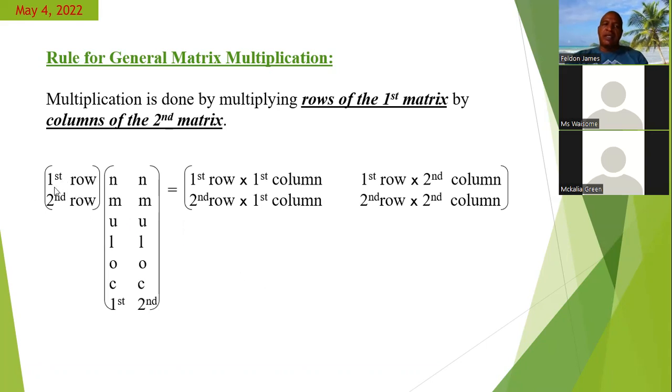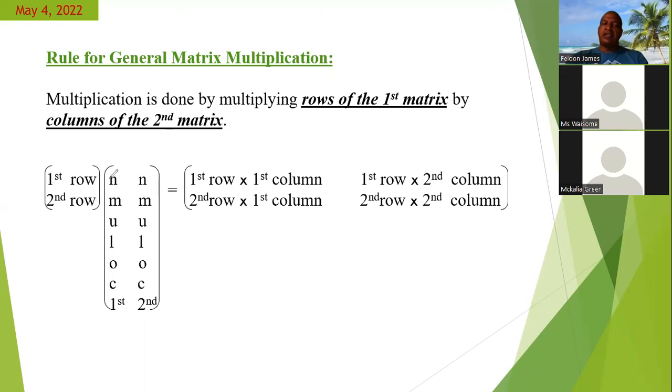So this is what it would look like from a concept point of view. In the first matrix, we are using rows, and we are using the rows to multiply the columns. If we have two rows, we take the first row multiplied by the first column, then the first row again times the second column. So let me walk you through the procedure.